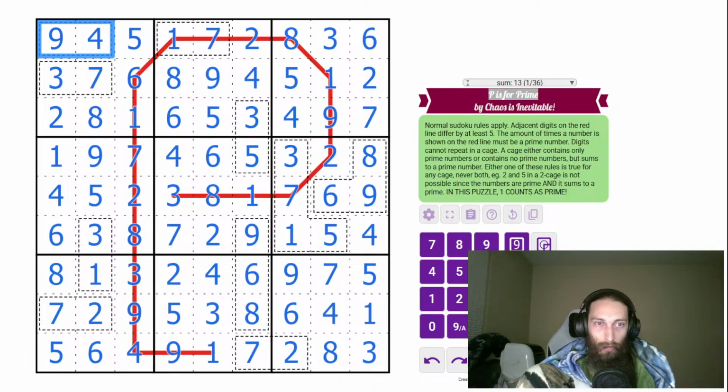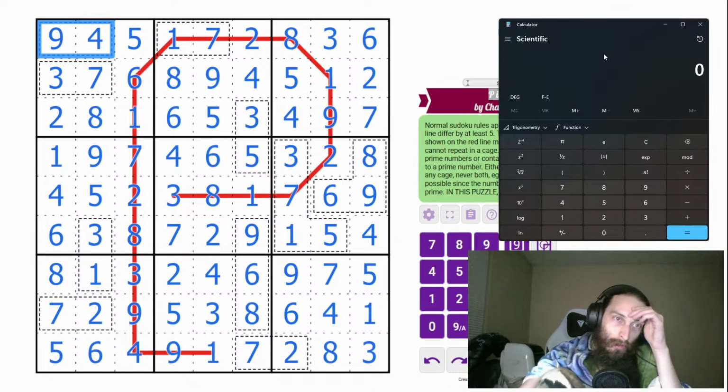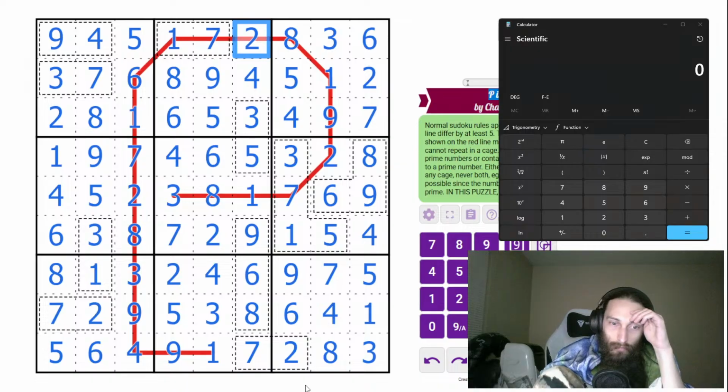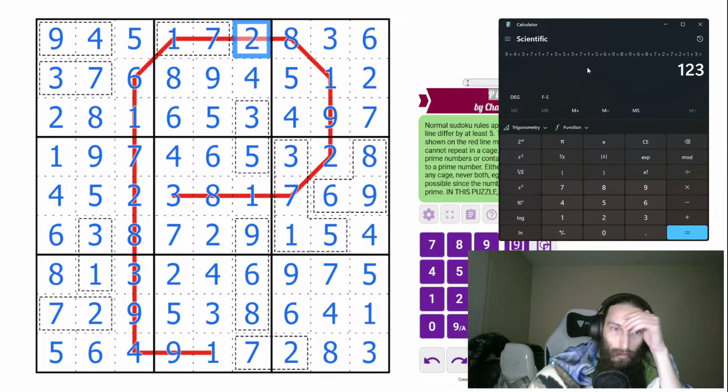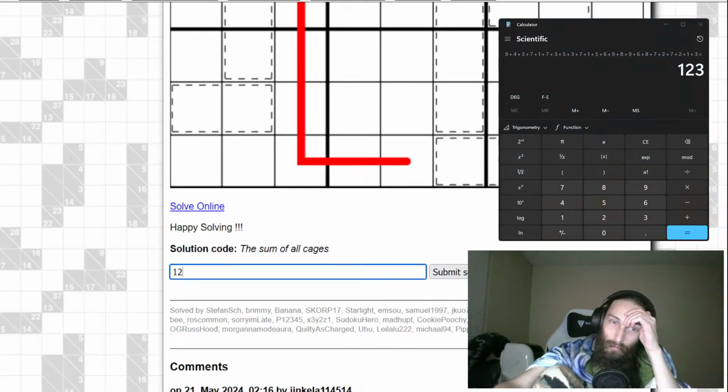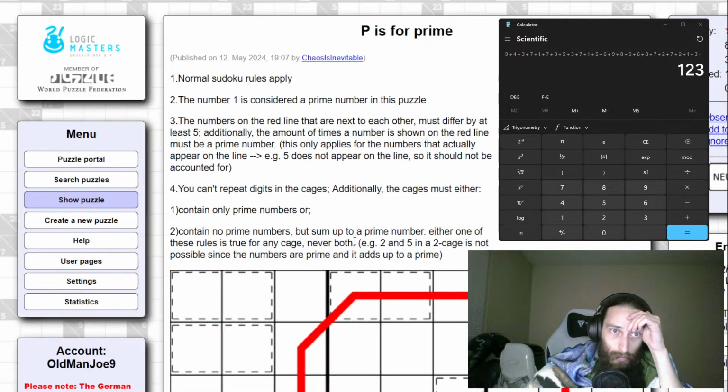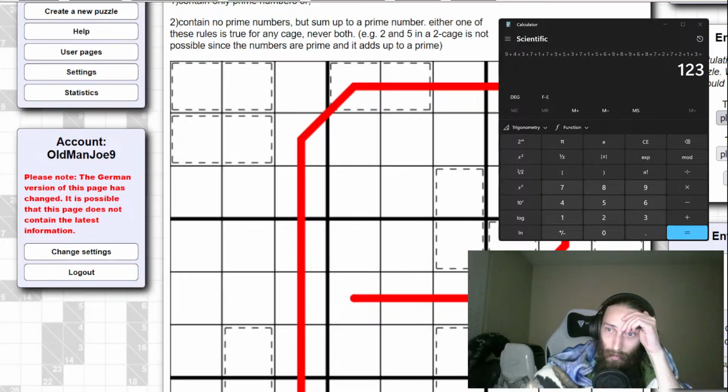I'm just gonna calculator this. 9 plus 4 plus 3 plus 7 plus 1 plus 7 plus 3 plus 5 plus 1 plus 5 plus 6 plus 9 plus 8 plus 9 plus 6 plus 8 plus 7 plus 2 plus 7 plus 2 plus 1 plus 3. I think I got that correct. First try. Alright.